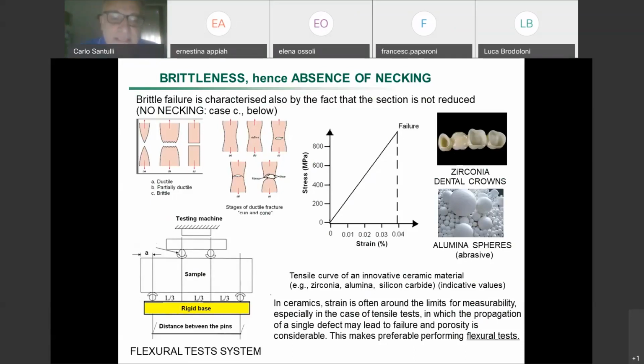You have these beams, you have this flexural beam, this sample, and you have some pins which support the sample. What happens is that the engine is there, it pushes from there, and therefore the head of the machine moves, actioned by the engine, and it pushes until the sample breaks.